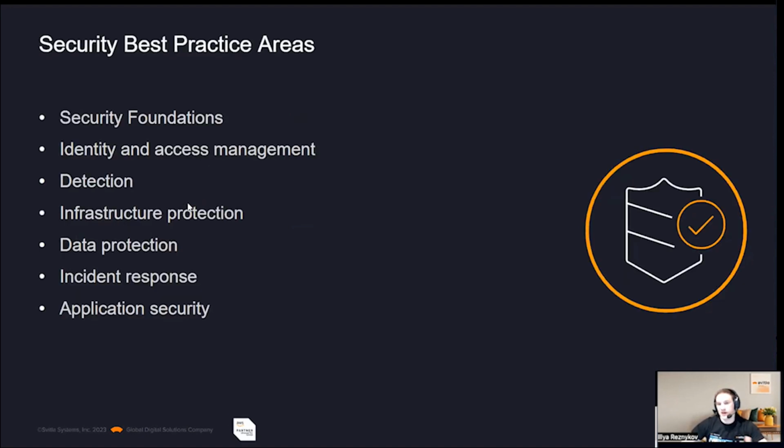Best practices are quite related to what we discussed right now. We need to implement a strong security foundation. We need to implement identity and access management, so what we already mentioned: we need to provide least privilege access.